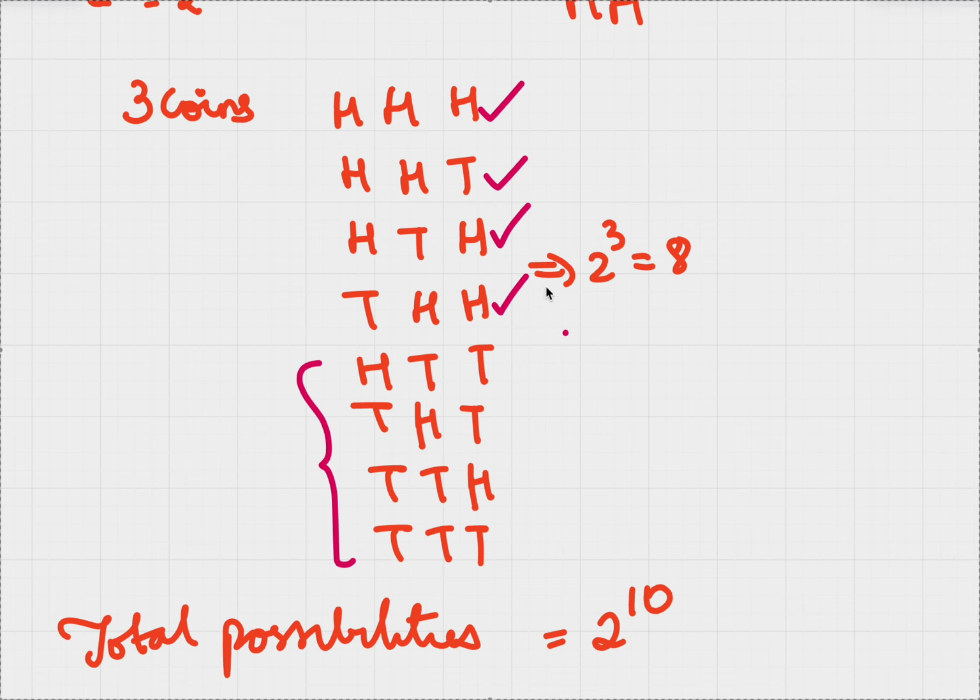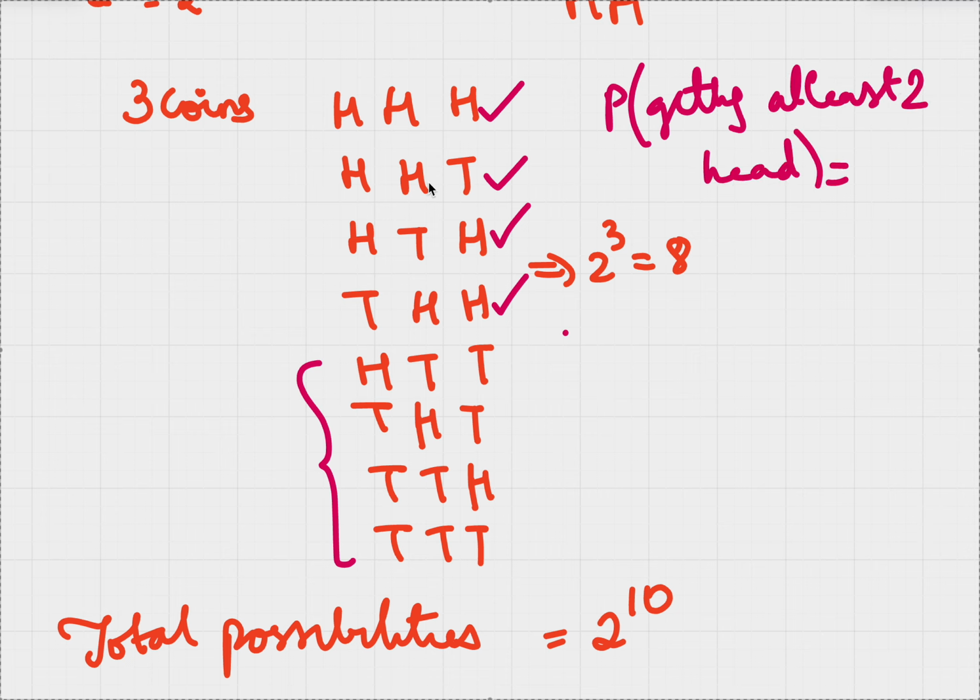Normally, if you ask what is the probability of getting at least 2 heads, we will say that 4 are the favorable outcomes, 8 are the total outcomes, so it is 1 by 2. Let us do it in a complementary way.